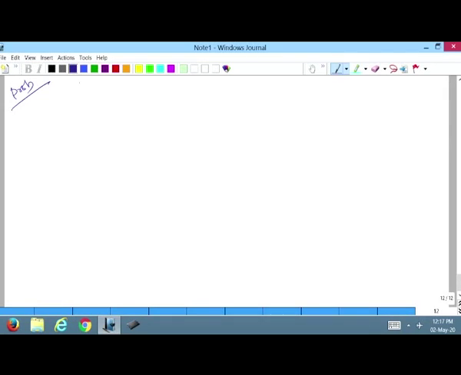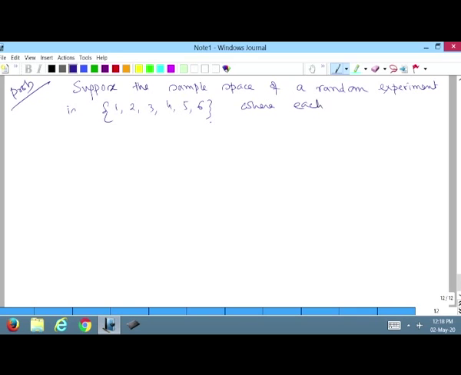Another problem, suppose the sample space of a random experiment is {1, 2, 3, 4, 5, 6}, where each element is equally likely.